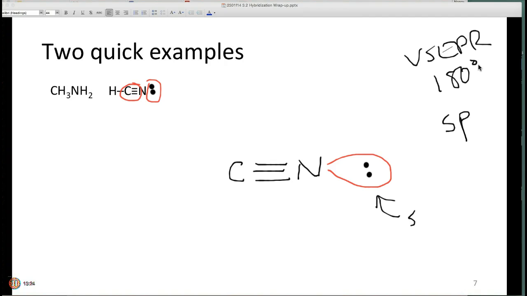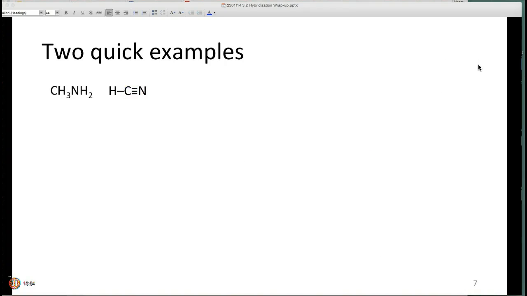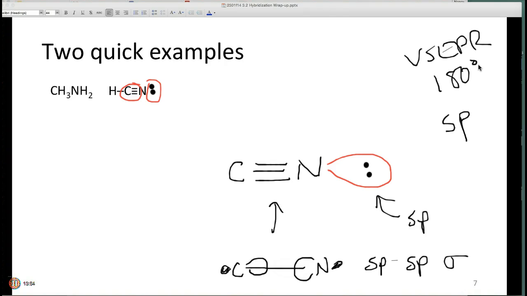That this is going to be an sp orbital, and that the carbon-nitrogen sigma bond is going to be formed from the overlap of an sp orbital on, I should make that a lot squattier actually, an sp orbital on nitrogen and an sp orbital on carbon. Okay, so this bit is going to be an sp sigma bond.